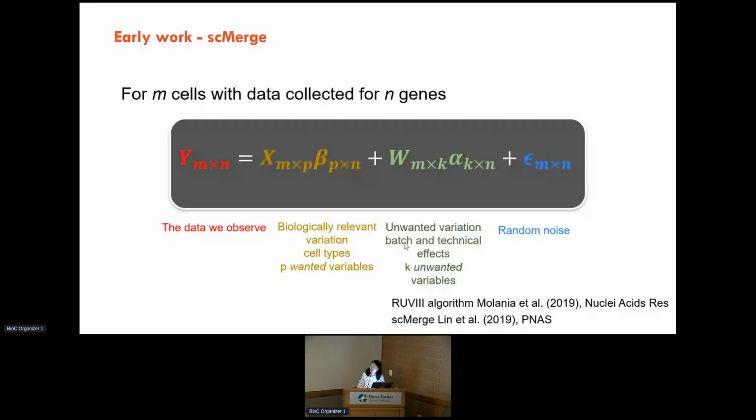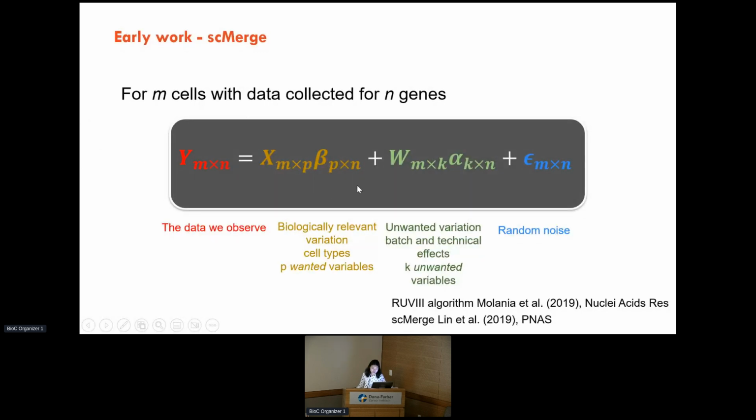As I just mentioned, this work is based on an older version of scMerge. It is based on a model called the remove unwanted variation model, which was originally developed for bulk data. Basically, we model the data we observe using two main components.